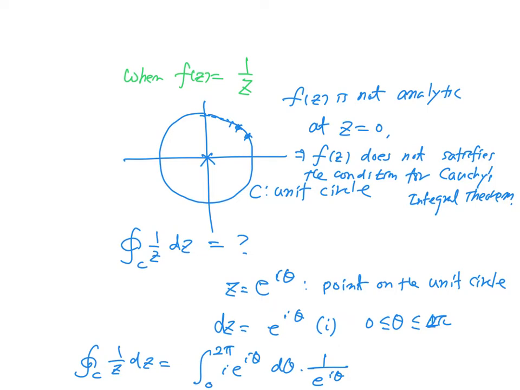So we are considering z on the circle. So this cancels each other and has a very important formula, 2 pi i.